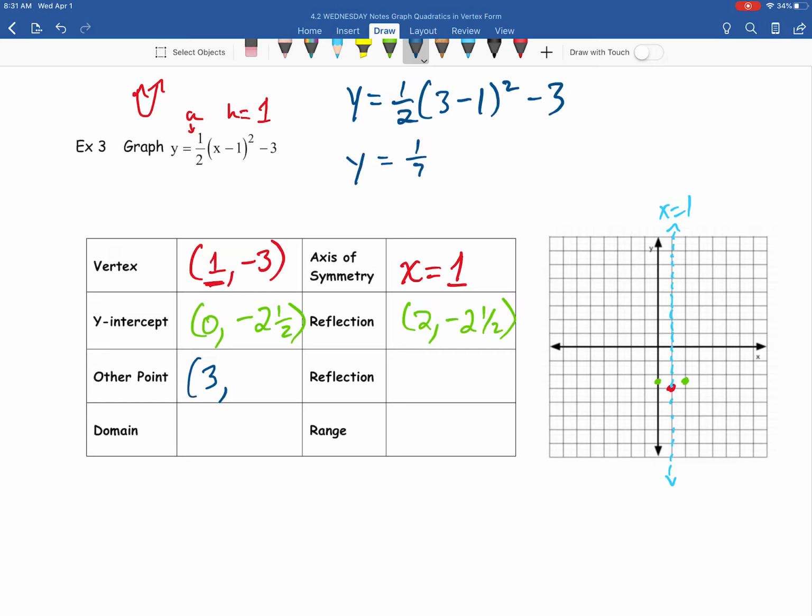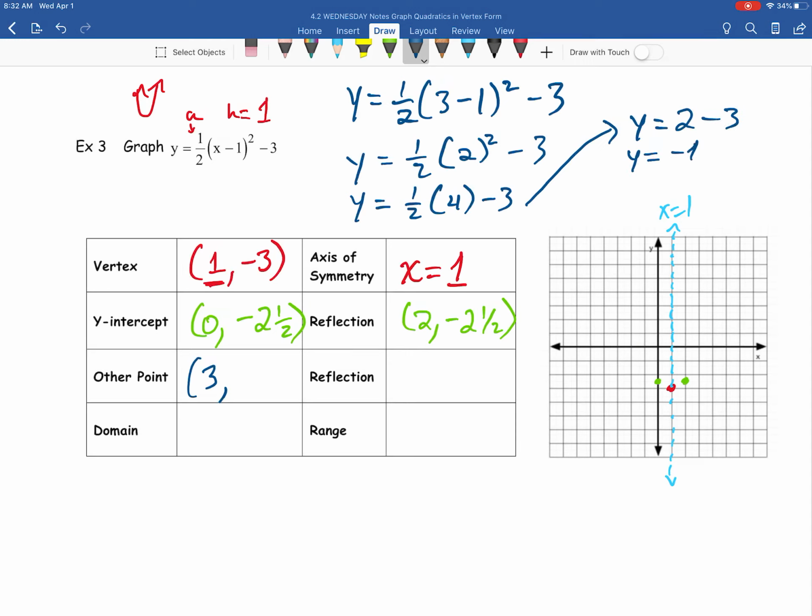So 3 minus 1 comes out to be 2. And then 2 squared gives us 4. 1/2 of 4 comes out to be 2. So then our y value comes out to be -1. So at 3, we got a y value of -1.